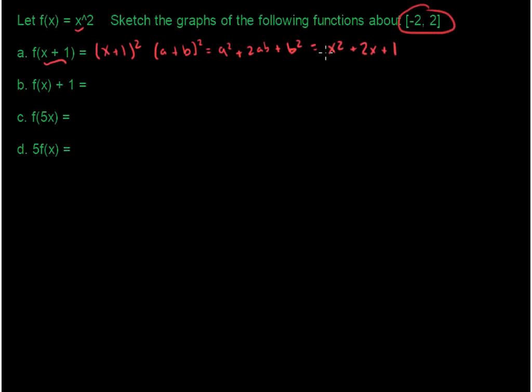Okay, so we have to graph this function here. You can just plug that into your calculator or solve for the x-intercept, and you know it's going to be shaped like a parabola because your highest order term is to the second power.